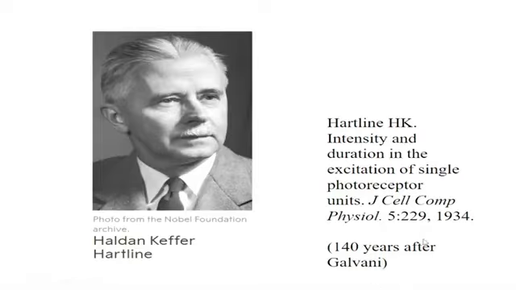And how does that electricity jump from one nerve cell to another nerve cell, or from one nerve cell to a muscle cell? Well, the experiment done in 1934, I believe, by H.K. Hartline provided fundamental insights into the role of electricity in encoding and propagating information in the nervous system.